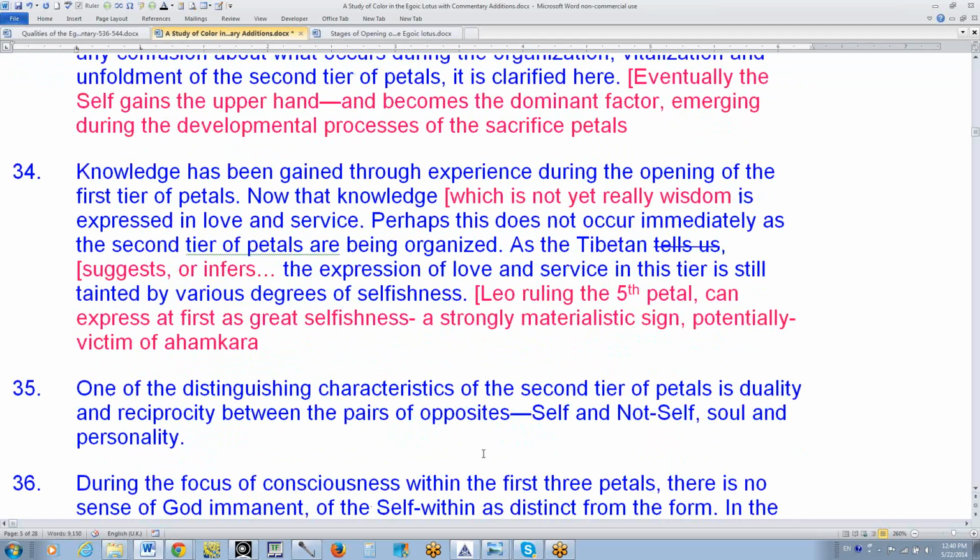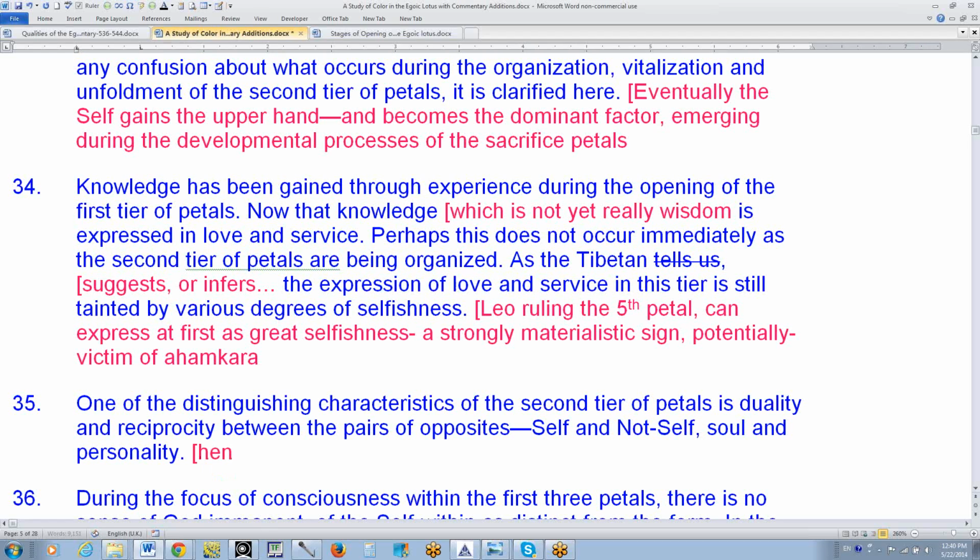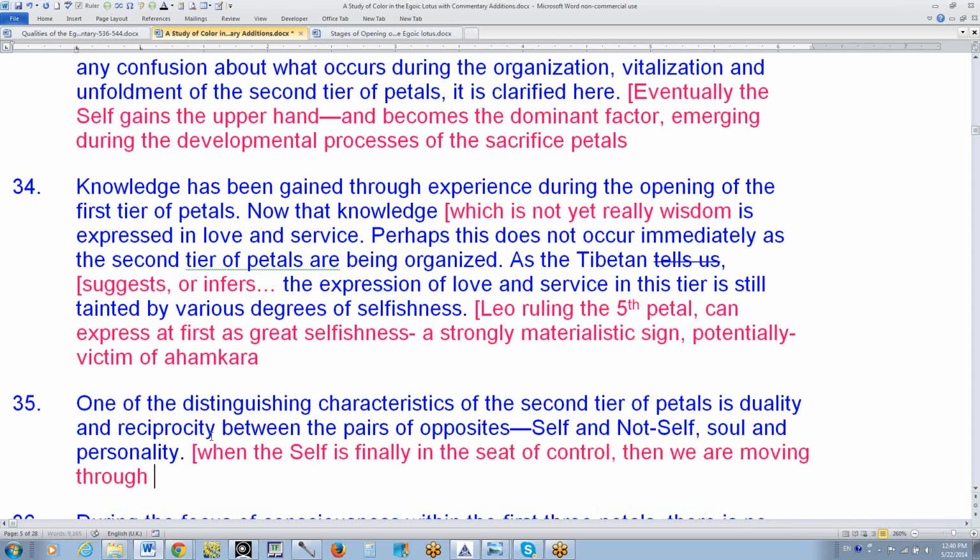So one of the distinguishing characteristics of the second tier of petals is duality and reciprocity between the pairs of opposites, self and not self, soul and personality. It's really when the self is finally in the seat of control that we are moving through the initiations, especially the second and following.